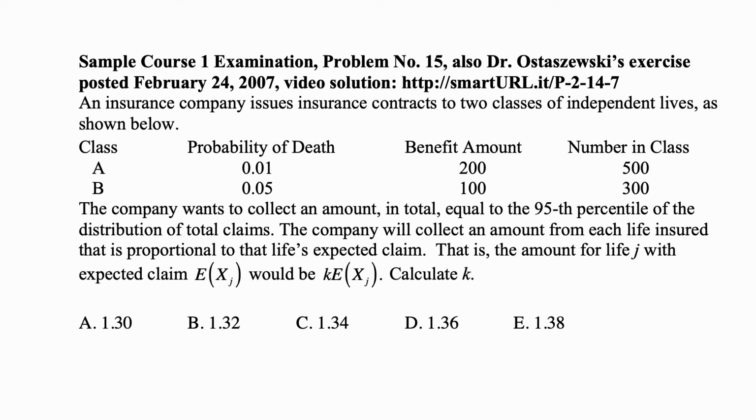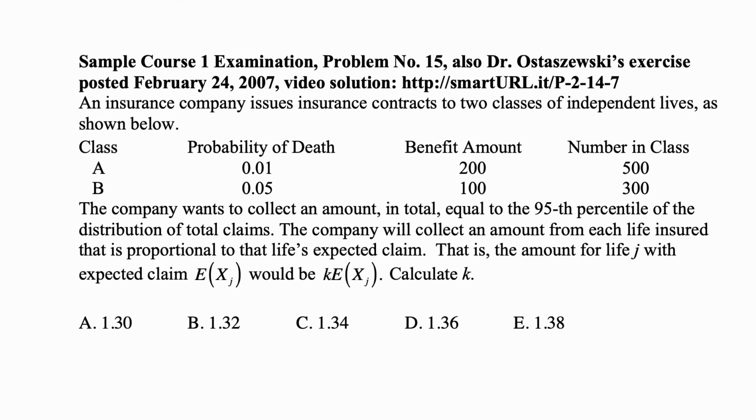Here's a problem for today for exam P on probability. An insurance company issues insurance contracts to two classes of independent lives as shown below, Class A and Class B. Probability of death in Class A is 0.01, in Class B 0.05. Benefit amount is 200 in Class A, 100 in Class B. Number in class is 500 in Class A and 300 in Class B. The company wants to collect an amount in total equal to the 95th percentile of the distribution of total claims.